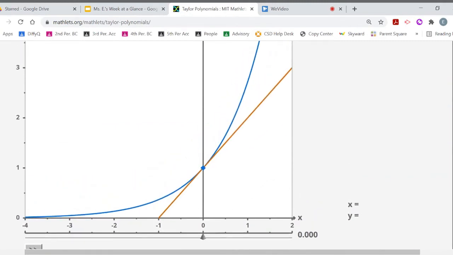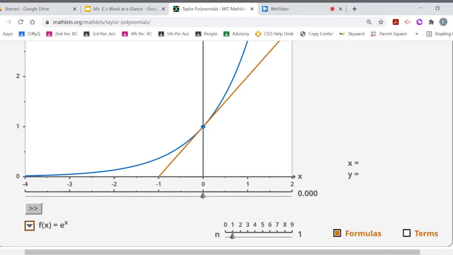So what you're looking at now, the new red line, would be a first degree Maclaurin polynomial for e to the x. It's really just an equation of a tangent line where the point of tangency is where x equals zero. So that's old hat for you. Let me go back. The horizontal line would be considered a Taylor polynomial for e to the x of degree zero, centered at zero.